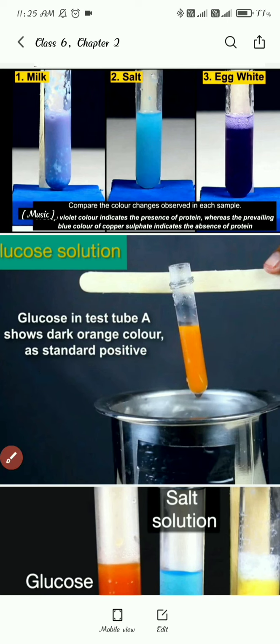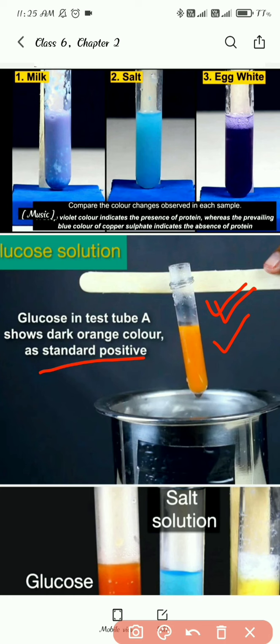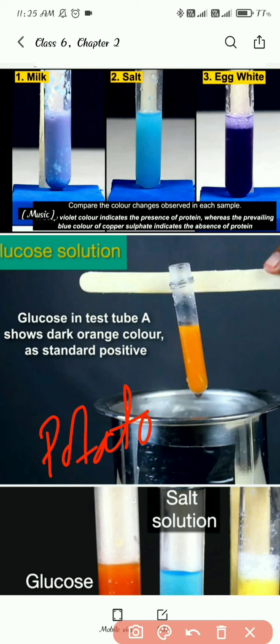Then if you take this, you will see in the test tube where you have put the apple. But this color you will never see in the test tube where you have put potato. That means we can conclude that potato does not contain any sugar.